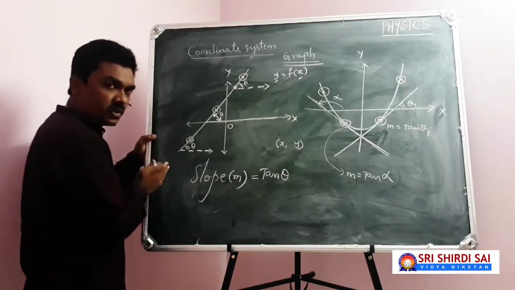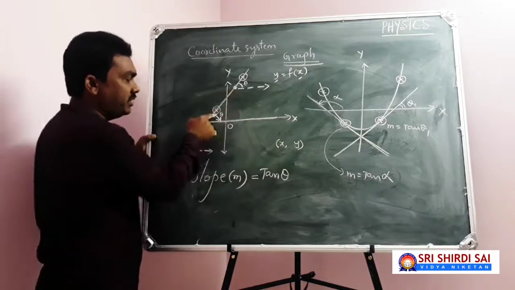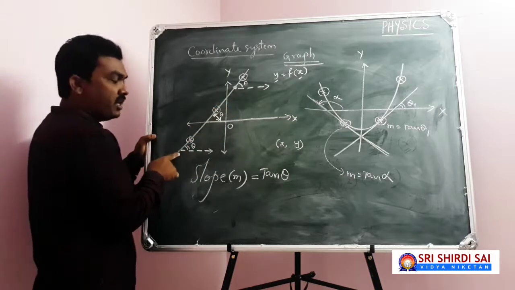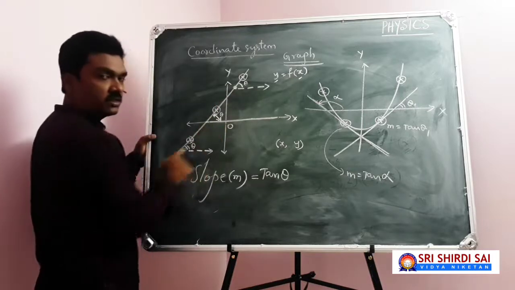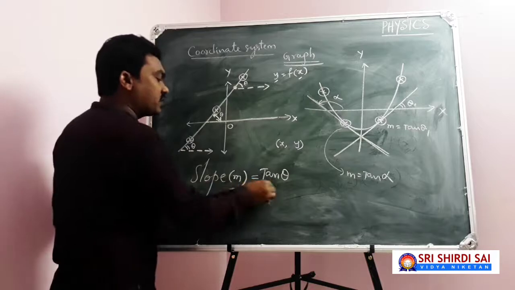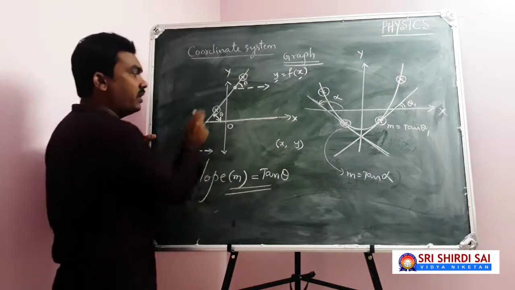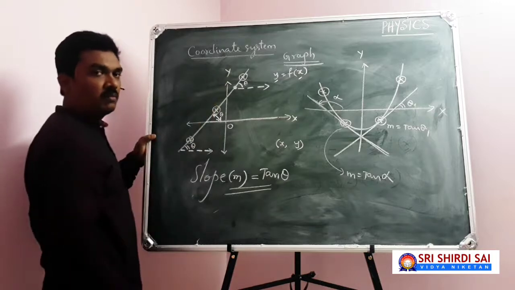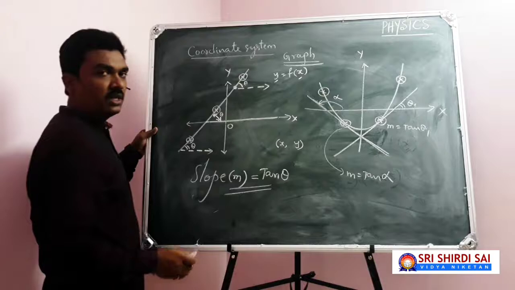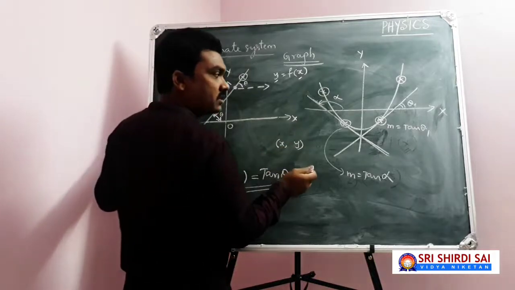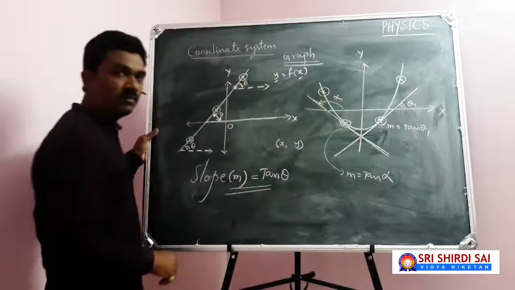If your graph is a straight line, at any point your straight line makes the same angle with the positive direction of x-axis, so the slope of the straight line remains constant at every point on the straight line. But if your graph is a curve, then slope of the curve changes from one point to another point.